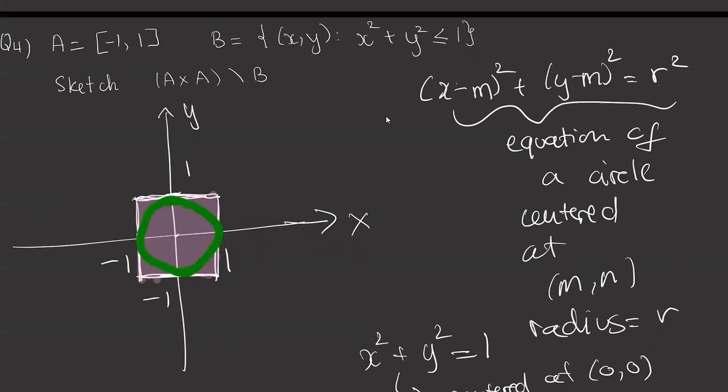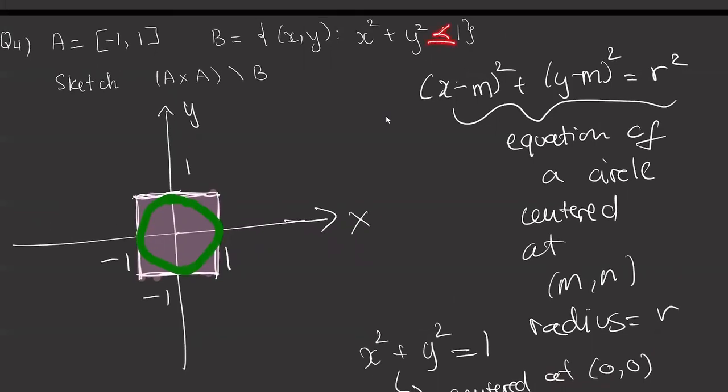But here we want that less than or equal to 1. If it is equal to 1, it means all points on the green line here, the distance from it to 0, 0 is 1. But we want distance less than or equal to 1.